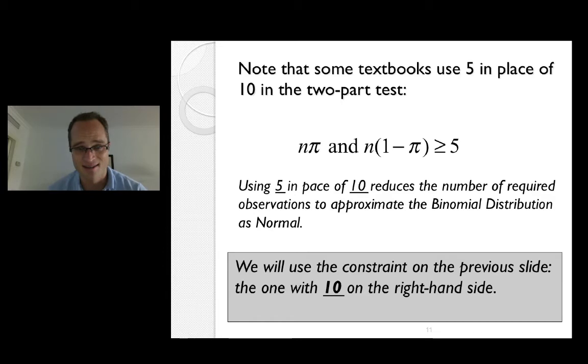And what this does, and maybe it's not obvious at first, but when you think about it, it should be, using 5 in place of 10 is less conservative because it reduces the number of required observations or required trials to approximate the binomial distribution as normal. So it's easier to pass this threshold with 5. So 10 is more conservative. 10 is the one that we're going to use in this course, which is this final highlighted box here.